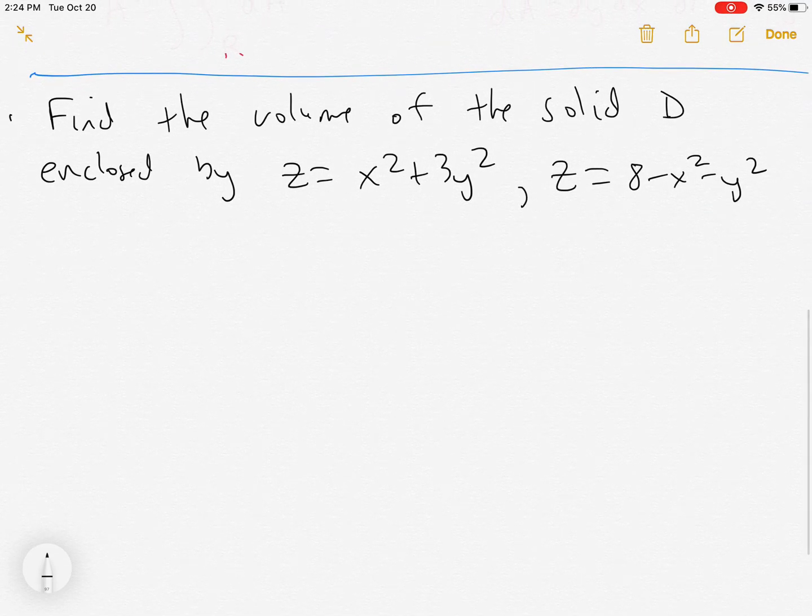All right, so this is our example. And through the example, we're going to come up with a standard form, a recipe, if you will, for solving all of these. Okay.